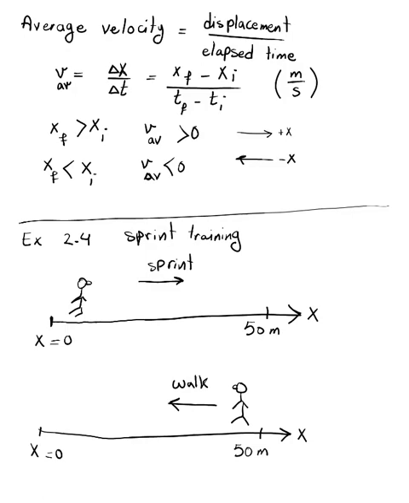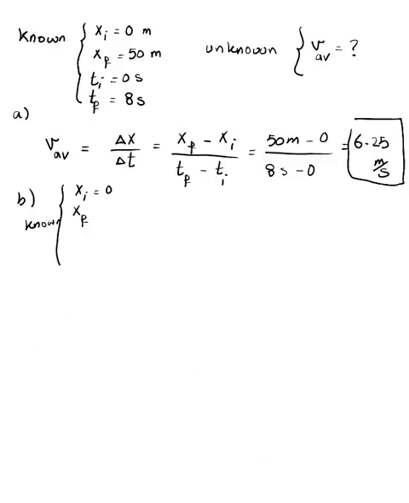On the way back, the initial point of motion is at 50 meters and he's going back, so it's a little different. The x initial is going to be 50 meters and the final is going to be 0 meters.